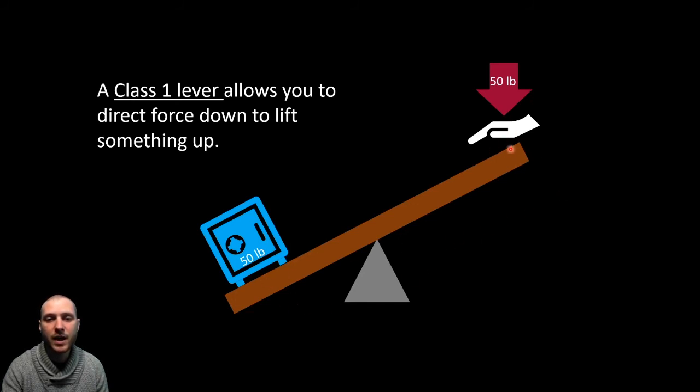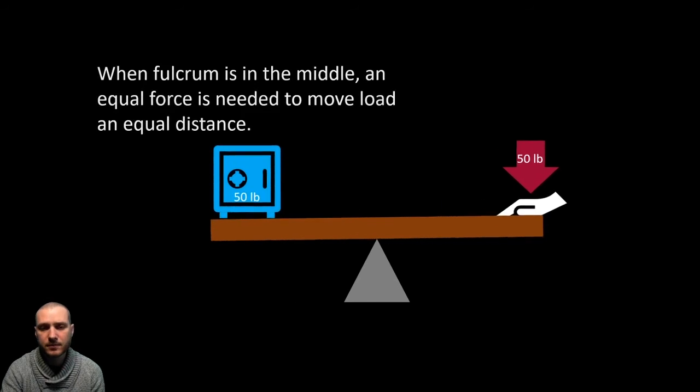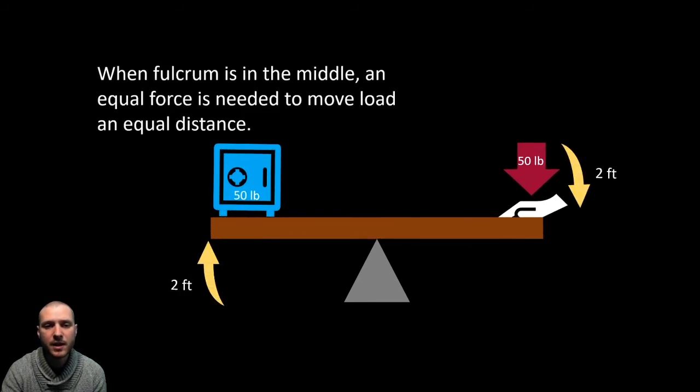So say if I weighed 100 pounds and sat on the other side of this, I wouldn't have to do any work because the weight of my body pushing down with gravity would lift this weight. So this is the advantage of a class 1 lever. So here you can see, if I push down with 50 pounds, I can lift 50 pounds, and we've moved equal distance. So 2 feet up and 2 feet down.